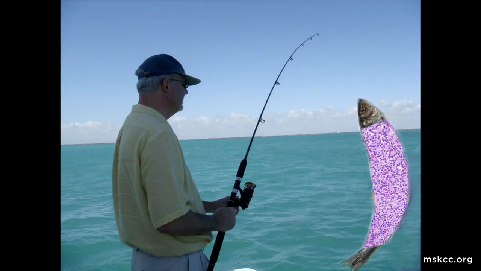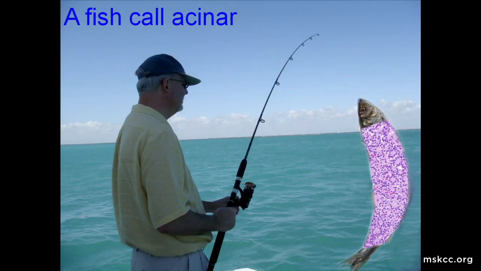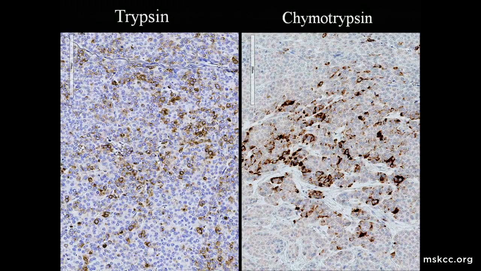What we're fishing for is a fish called Acinar. So we requested additional material, and surely enough, there was immunoreactivity for both trypsin and chymotrypsin. So this tumor indeed has acinar differentiation. Both immunoreactivities exceeded more than 30%.